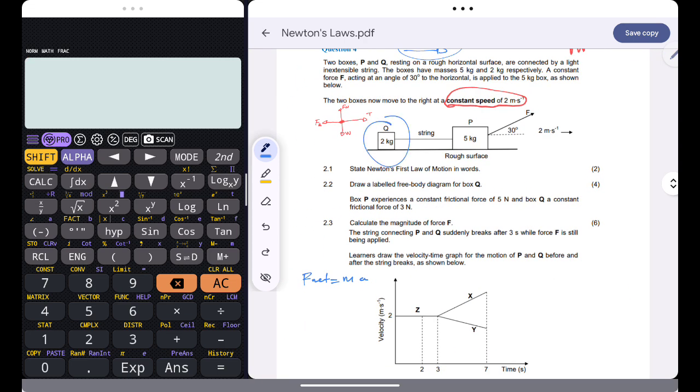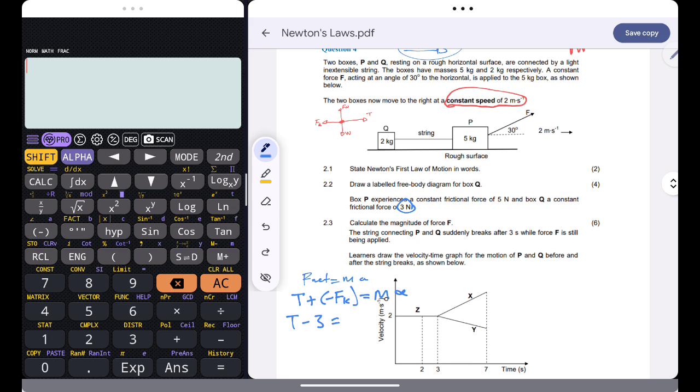So now we are focusing on box Q, right? There's this positive force plus this one which is opposing motion, frictional force. They are equal to MA. T minus the value of frictional force acting on body Q, that's 3 newtons. Remember that the two boxes are moving at a constant speed, which simply means acceleration is 0, and anything multiplied by 0 is 0.